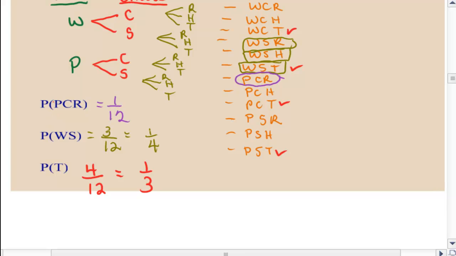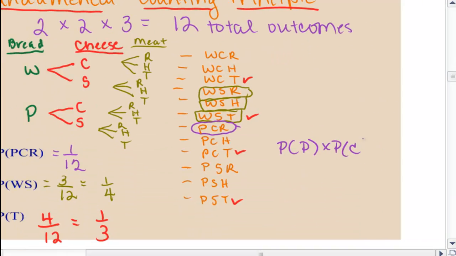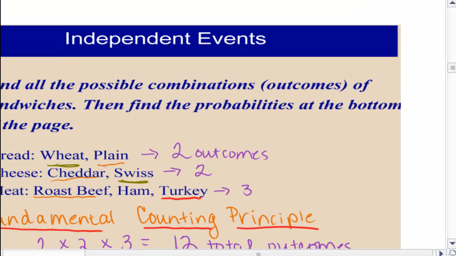So let's look at this first example. Let's find the individual probability for each of these. So the probability of getting plain bread times the probability of getting cheddar cheese times the probability of getting roast beef. So if we look up here, what's the probability of getting plain bread?